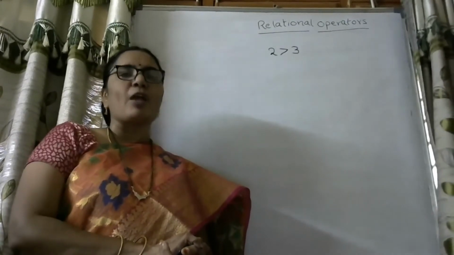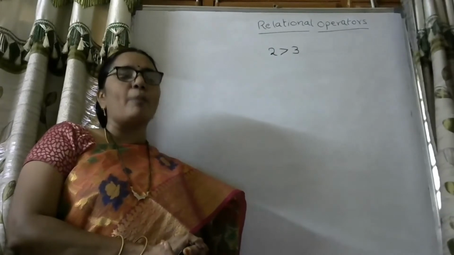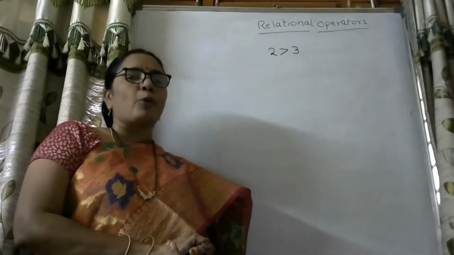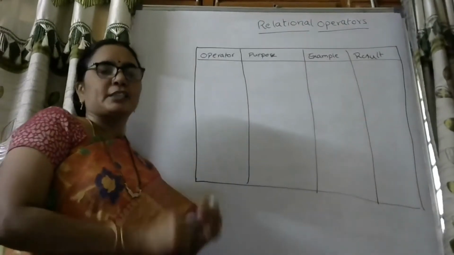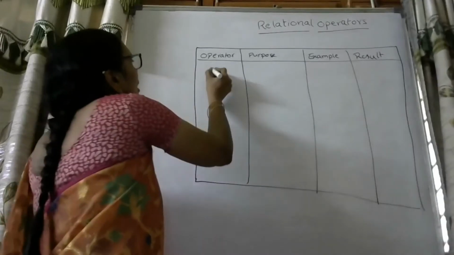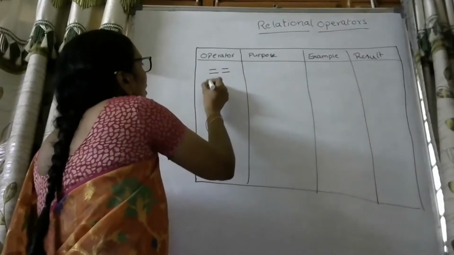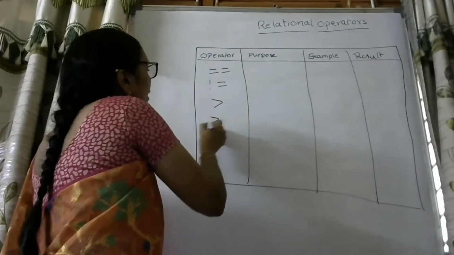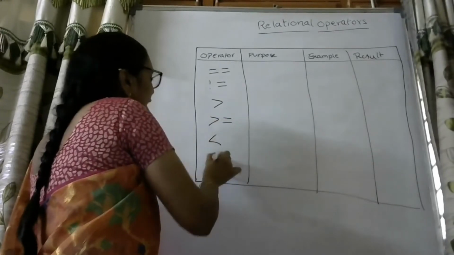Now let us see what are the different relational operators which you can use in your Python program. Different relational operators that you can use in your Python expression. Equal to, not equal to, greater than, greater than or equal to, less than, less than or equal to.